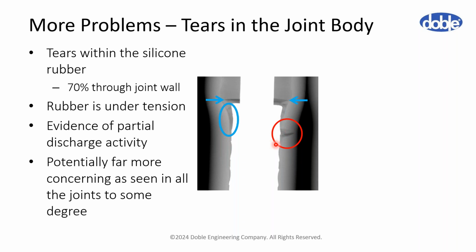These joints that we were looking at are made from silicone rubber, and silicone rubber is really strong when it's compressed, but it's very weak in tension, and it's very easy to cause it to tear.